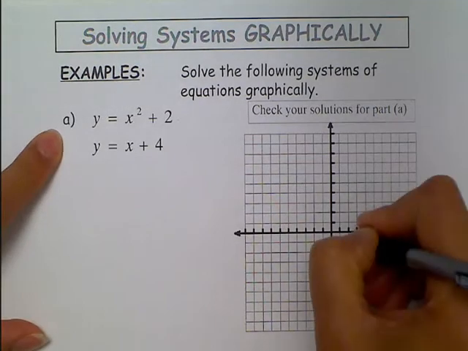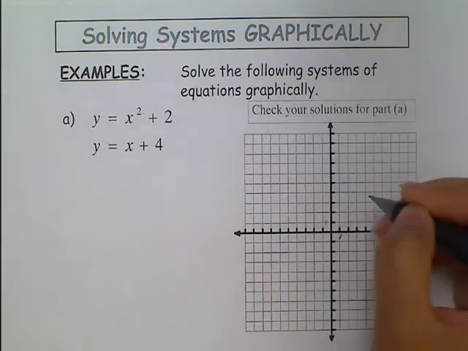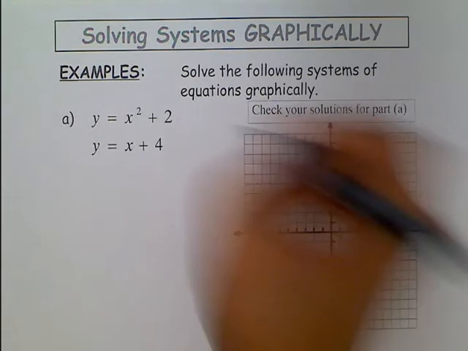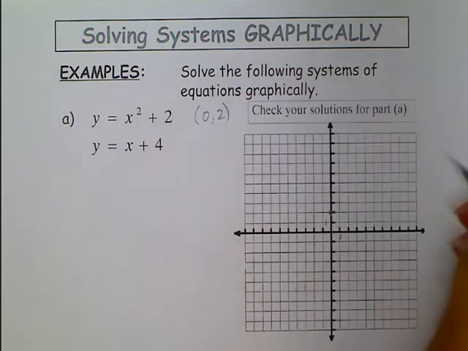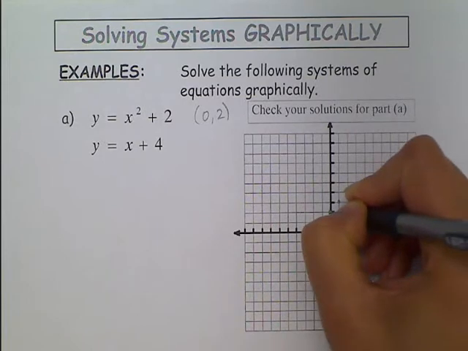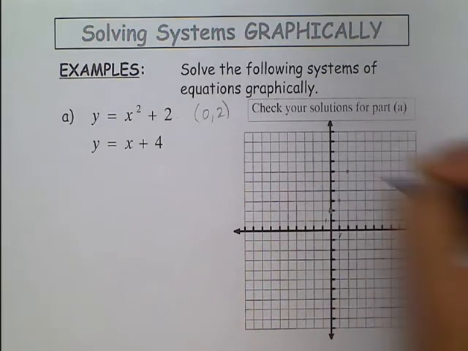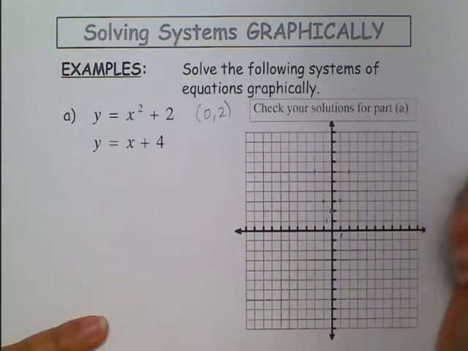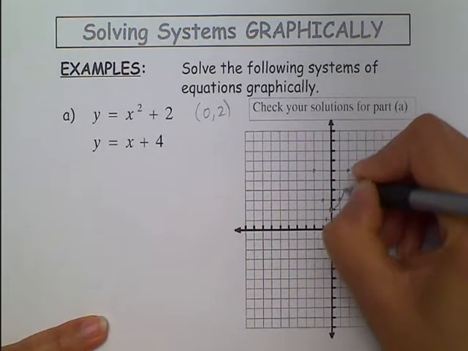I'm going to use a scale of 1, and I'm going to start by plotting the vertex, which is at 0 and 2. Then I move over 1, up 1, go back to the vertex, over 2 and up 4. I think that's as many points as I can fit, and I'll do the same thing on the other side.